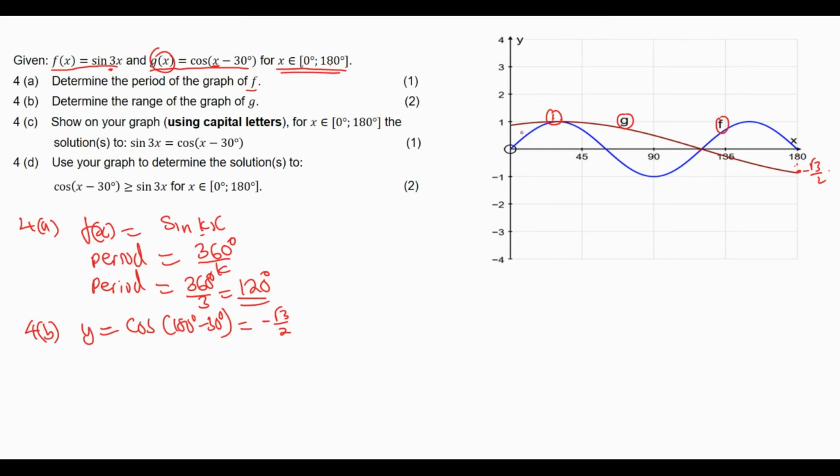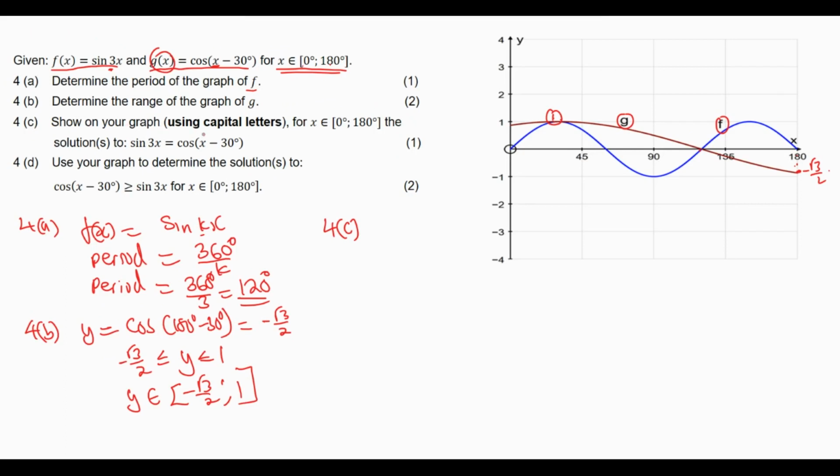So the range for g of x for this domain will be y greater than or equal to -√3/2, but less than or equal to 1. We can write it like this and say y is an element of -√3/2 to 1.